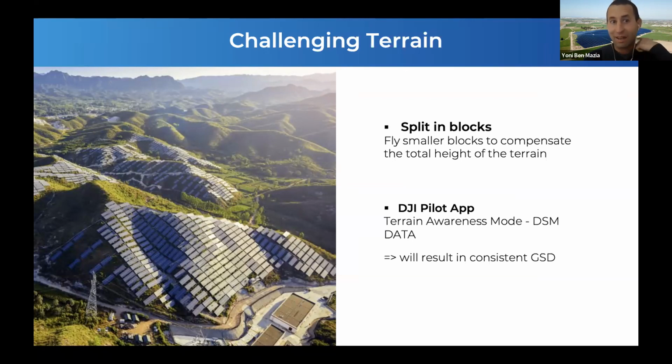And then you split us the blocks according to the terrain. So the pilot needs to fly separated blocks, maybe 4, 5, 6 blocks for the mission. But then every block has the same GSD, and you can analyze it, and it's not a big issue. A more primitive way than using the digital surface model, but it works as well.